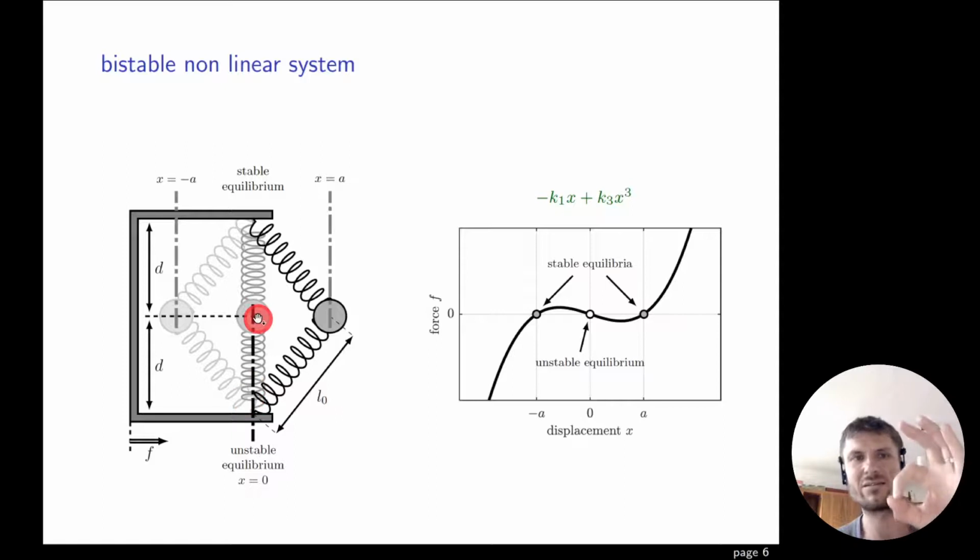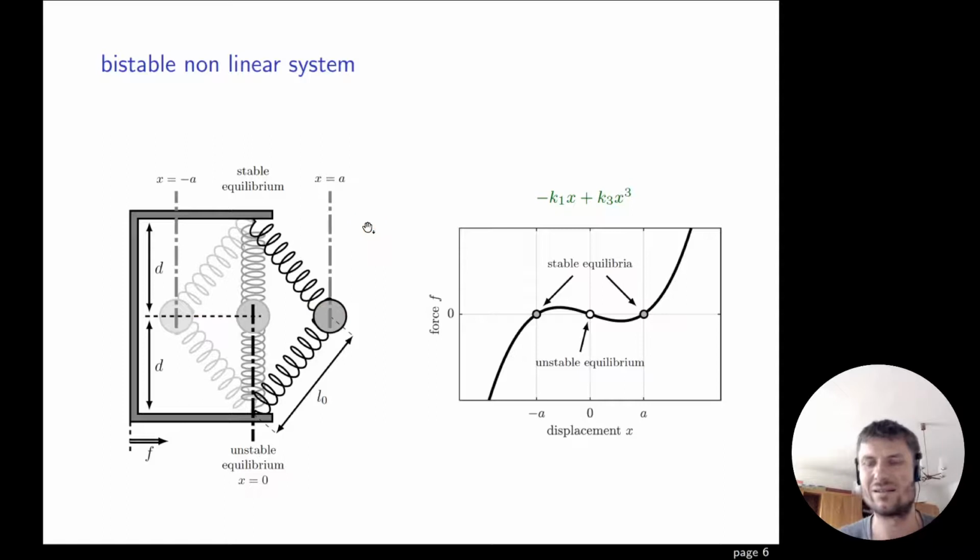Imagine a mass and one spring going up, another spring going down. These springs are compressed. Now, if there is absolutely no force on the mass, then it stays in its unstable position, but usually doesn't. If there is just a tiny force on one side or the other, then the system will suddenly go to one of its stable positions.